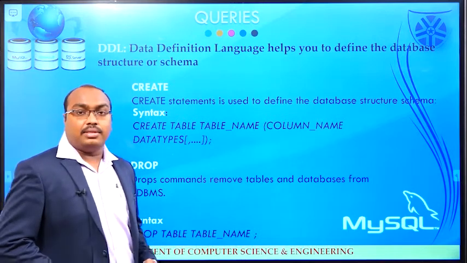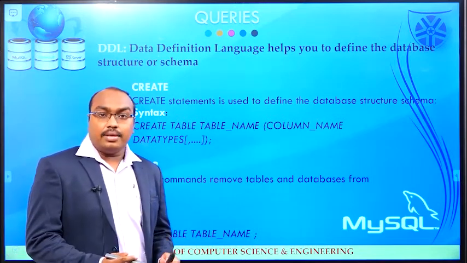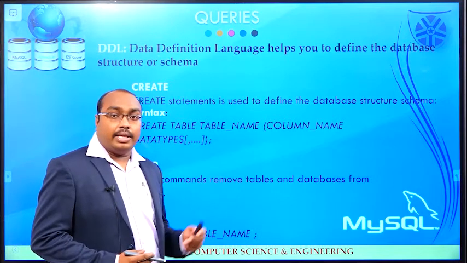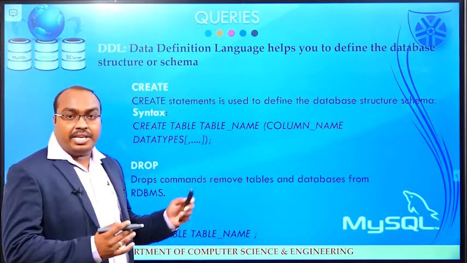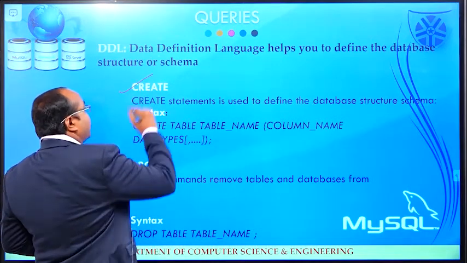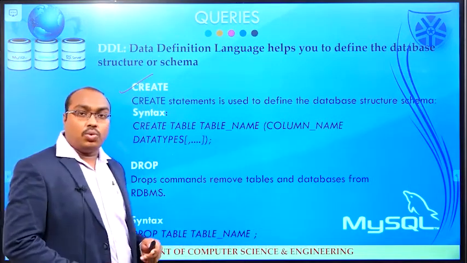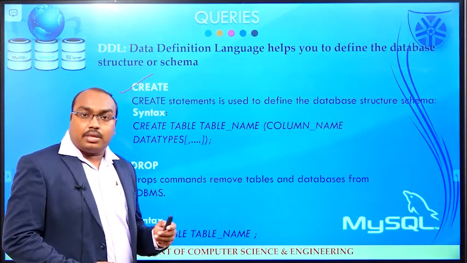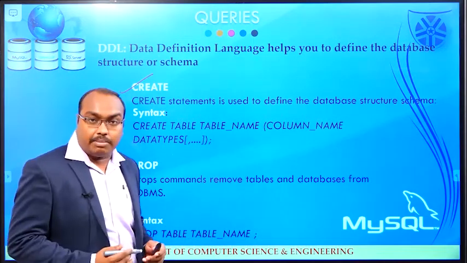These commands are used to define the database structure, and in this DDL there are many commands involved. The first one is the create command. The create command is used to create a database or a table.